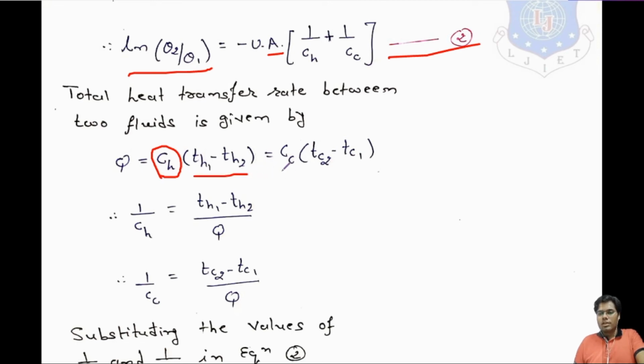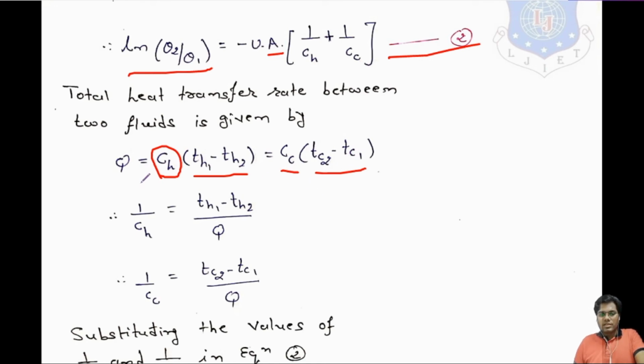For the cold fluid, it is Cc, and the temperature difference is Tc2 minus Tc1, because the outlet temperature of the cold fluid is higher than the inlet temperature. In the hot fluid, Th1 will be higher as compared to Th2. So this equation is nothing but the change in internal energy: mh Cph, the combined product written as Ch, times the temperature difference, and mc Cpc, combined product Cc, times Tc2 minus Tc1.